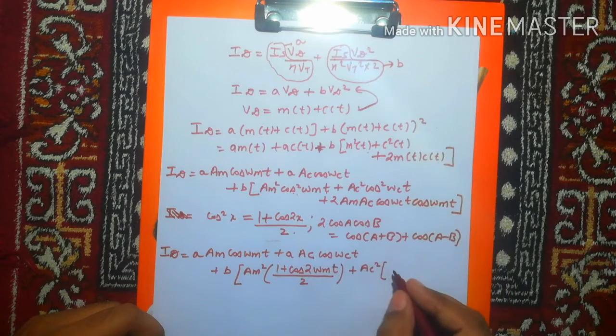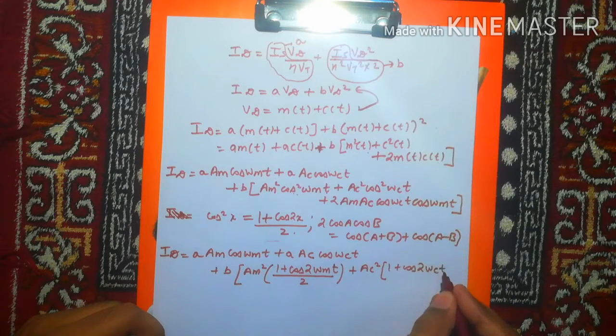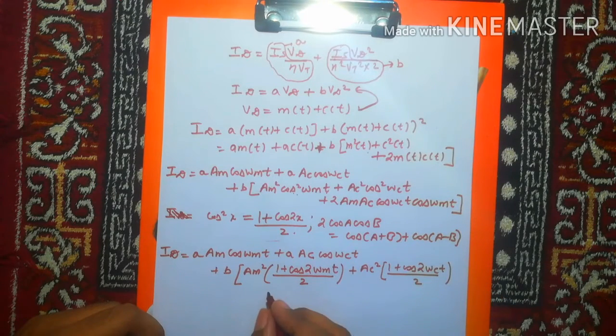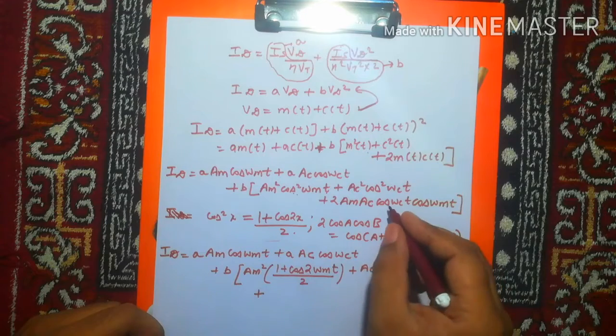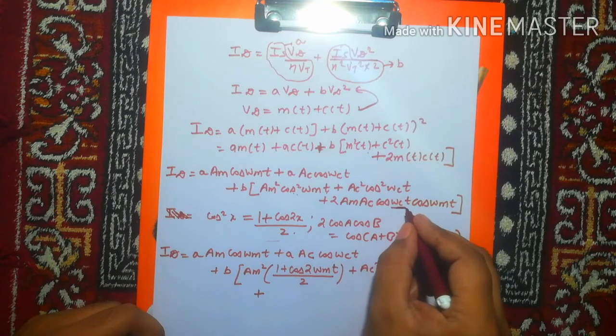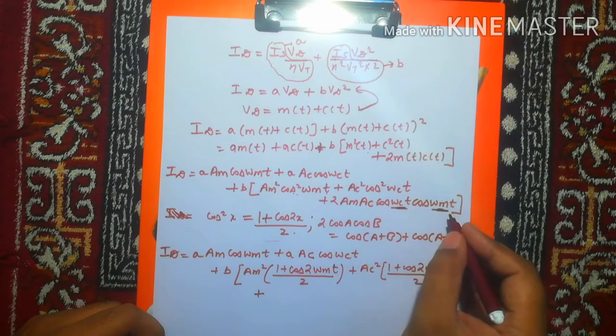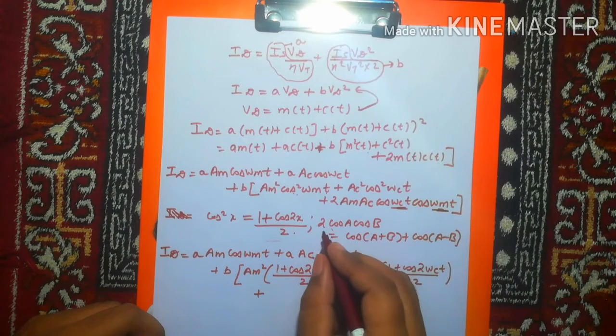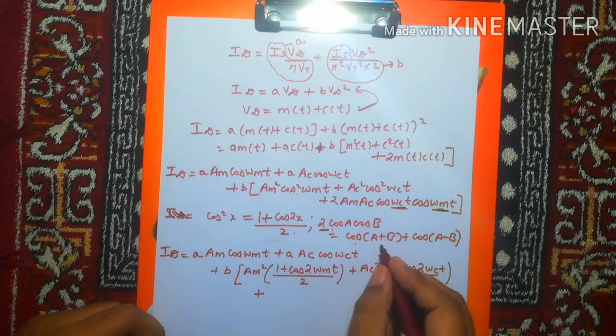The same identity I am using also here, (1 plus cos 2 omega c t) by 2, plus now here this is cos a and this is cos b. So how to write cos a cos b? I have written this formula here: 2 cos a cos b is equal to cos (a plus b) plus cos (a minus b).